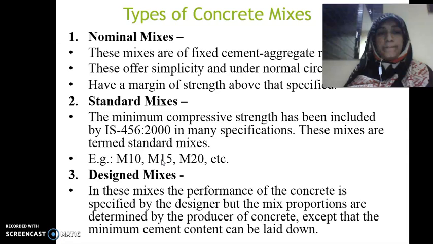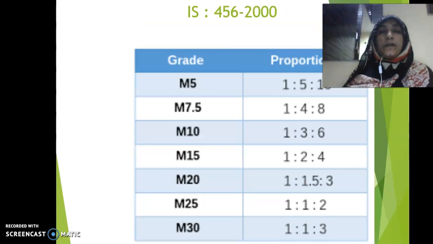Okay. Now next, this table is also taken from IS 456-2000. Here nominal mixes are listed. In front of that, proportions are given. Proportions means cement, sand and aggregate.